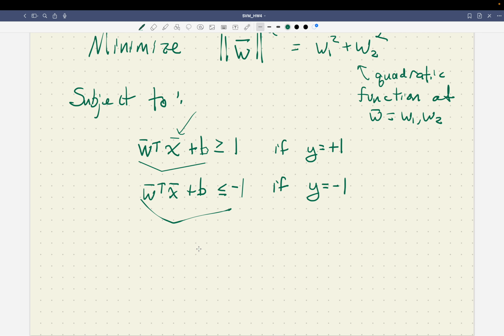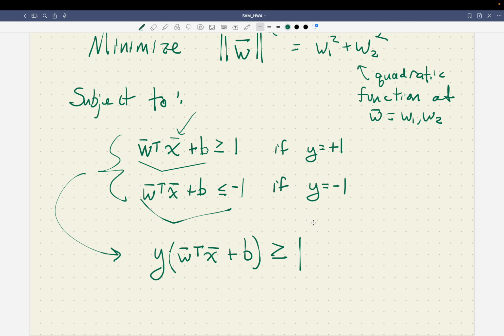So notice that if we multiply both sides of this equation by y, no matter whether y is plus 1 or negative 1, we get this expression. So both of these expressions become expressible in the single requirement that y times (w transpose x plus b) is greater than or equal to 1. So that captures both of those inequalities at the same time.